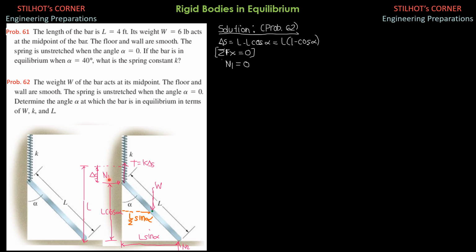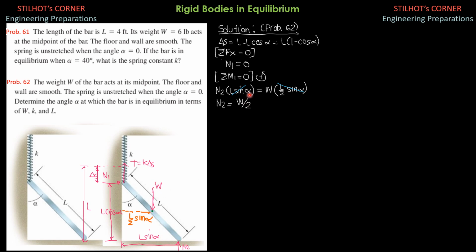So knowing that N1 equals 0, we now write another equation, which is summation of moments about point 1 equals 0. Considering counterclockwise positive, N2 is counterclockwise, so N2 times moment arm L sine of alpha, then minus W times this moment arm.